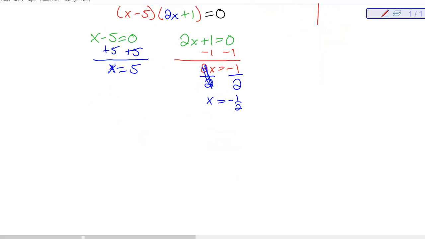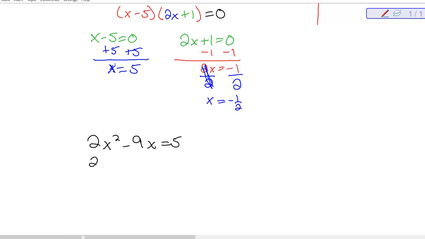Now remember that I started out with the equation 2x squared minus 9x equal to 5. So what I want to do is put each of these x's in here to see, do those match up to equal 5.